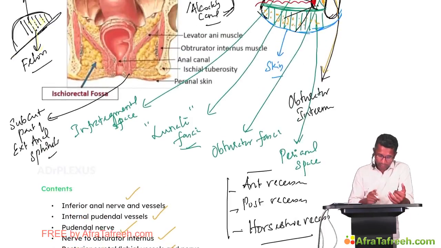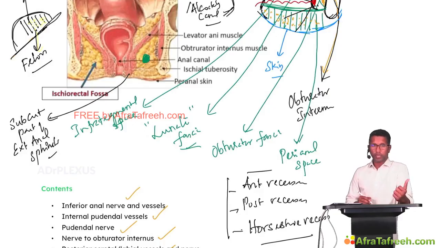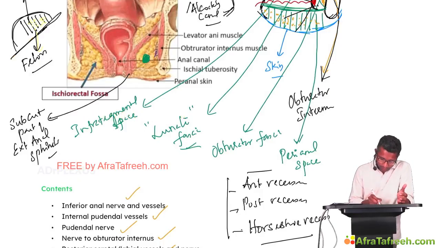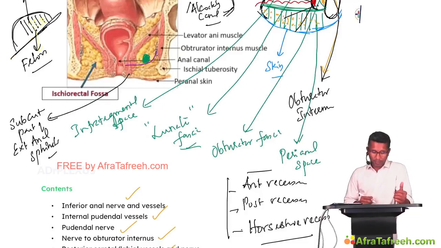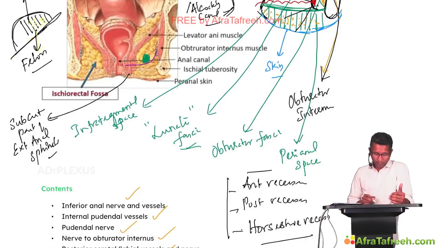Whenever there is an abscess, we have a tendency to drain it. There is a nerve which runs from the lateral wall of the ischioanal fossa to the distal part of the anal canal, called the inferior anal nerve or inferior rectal nerve.